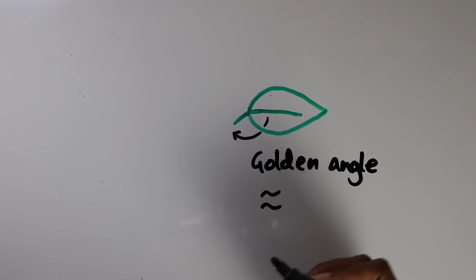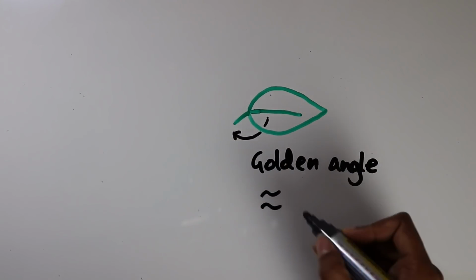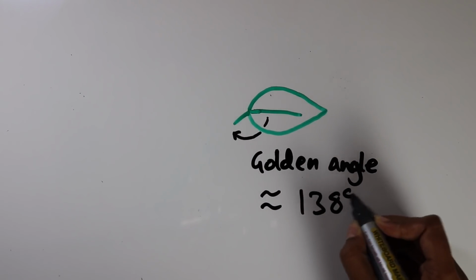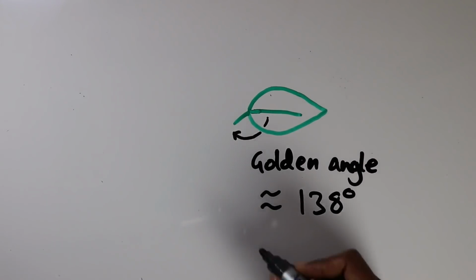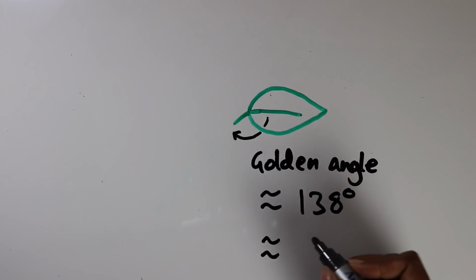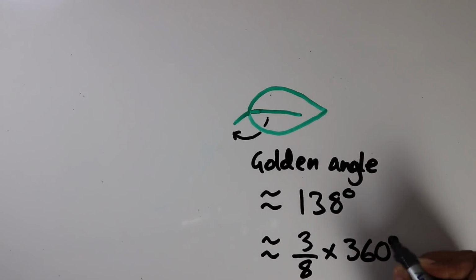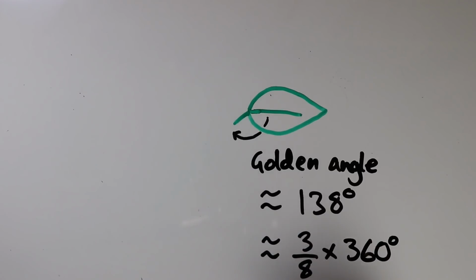The golden angle is an irrational number, but it's approximately 138 degrees, which is very, very close to 3/8 of a full circle, which is convenient for us. So we're going to just assume that it is 3/8 of a full circle, and then go from there. The error is very, very small.